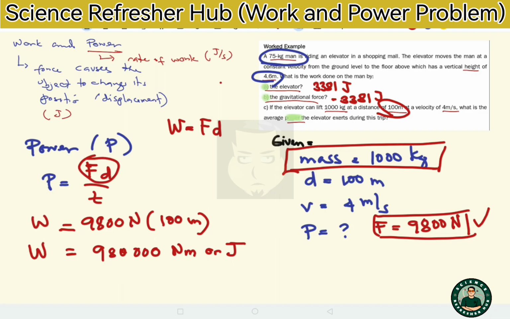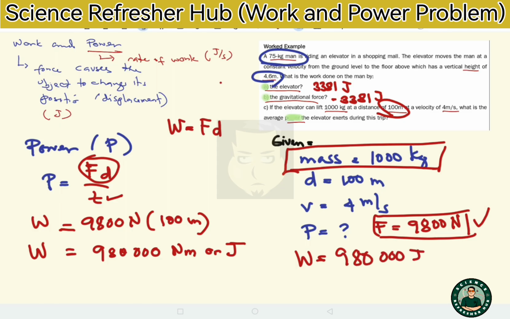This one. And what about the time? We have a variable of time here. How are we going to calculate the time? I will just write it here. Work is 980,000 joules.